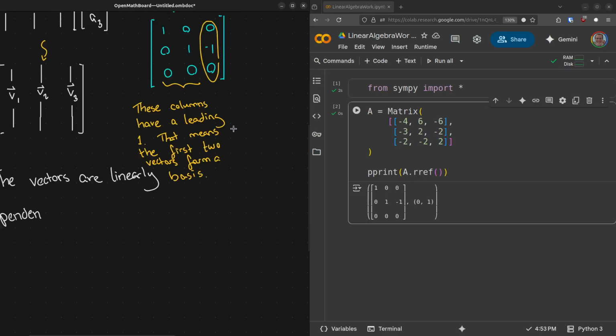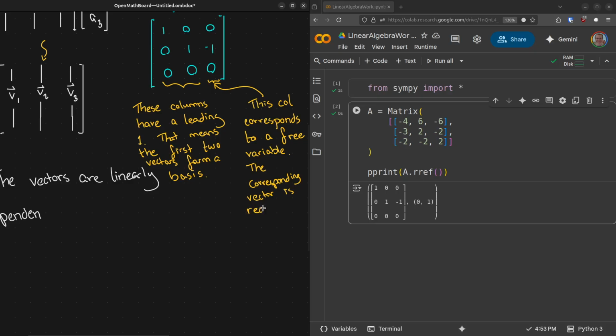This column right here has a free variable, or corresponds to a free variable. The corresponding vector is redundant.